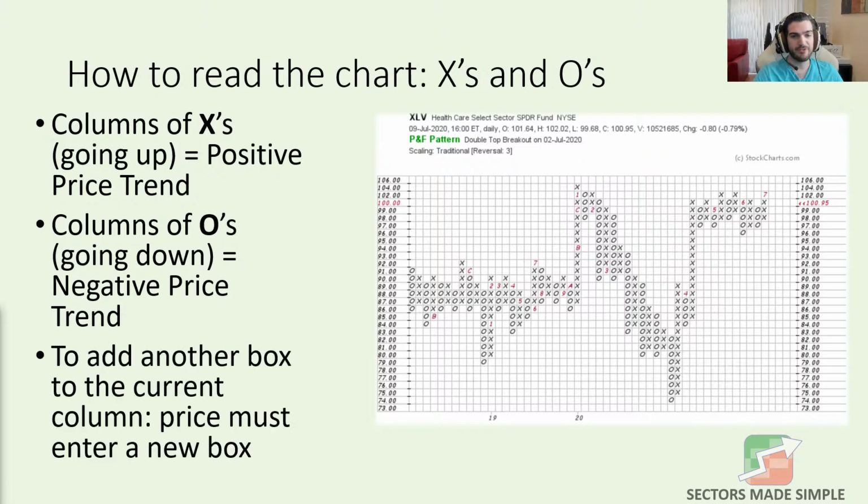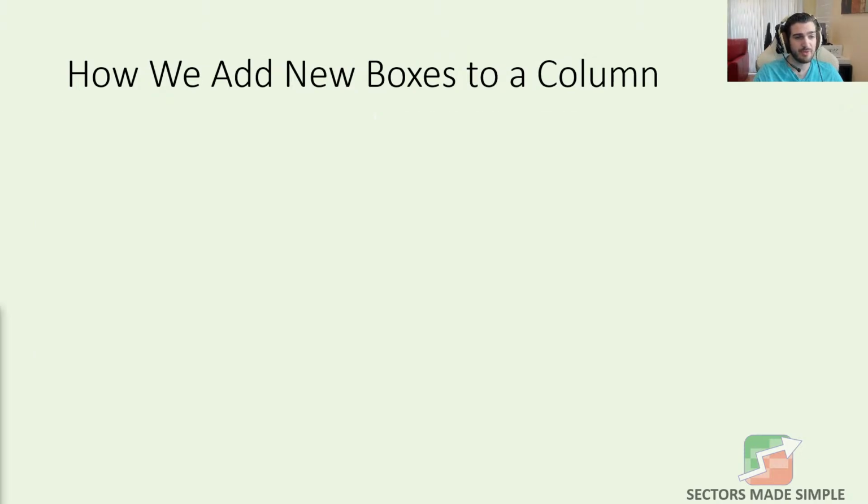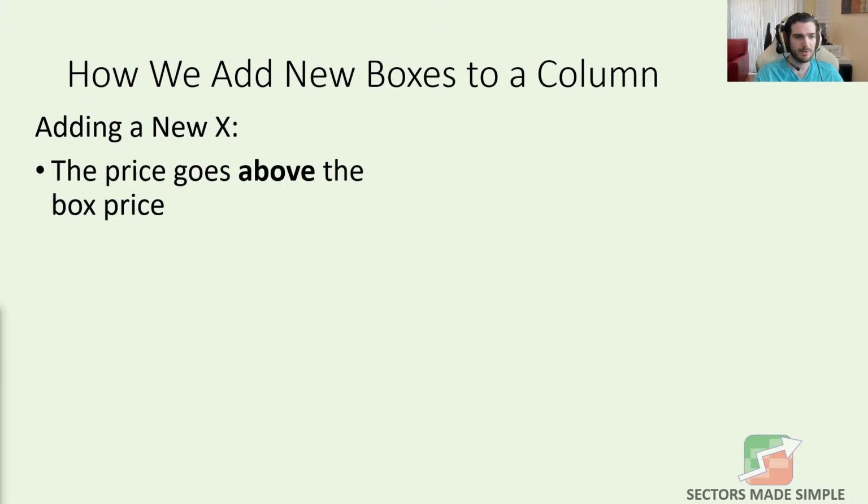In order for us to add another link onto that chain, another piece of that column, what we need to do is have the price move into a new box. First let's talk about how we would do it for an X. It's when the price goes above the box price.